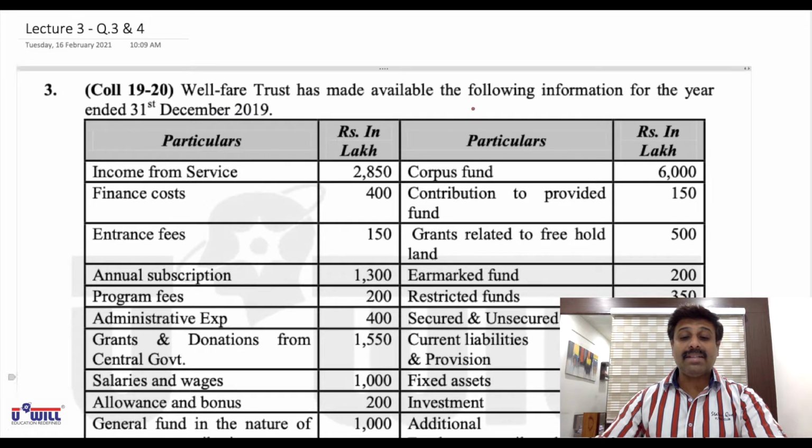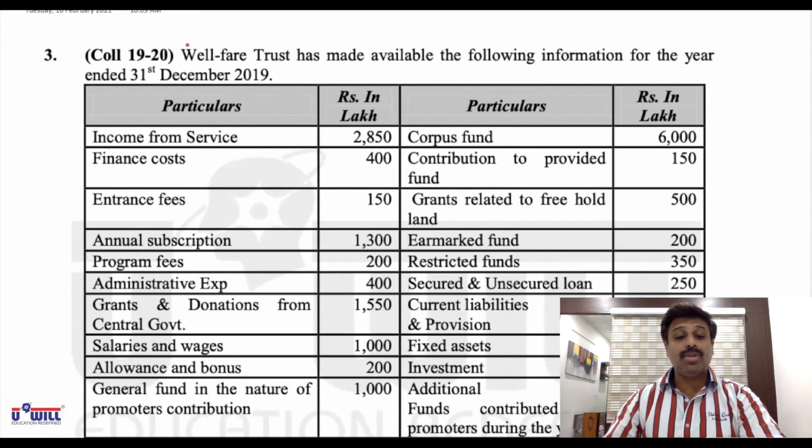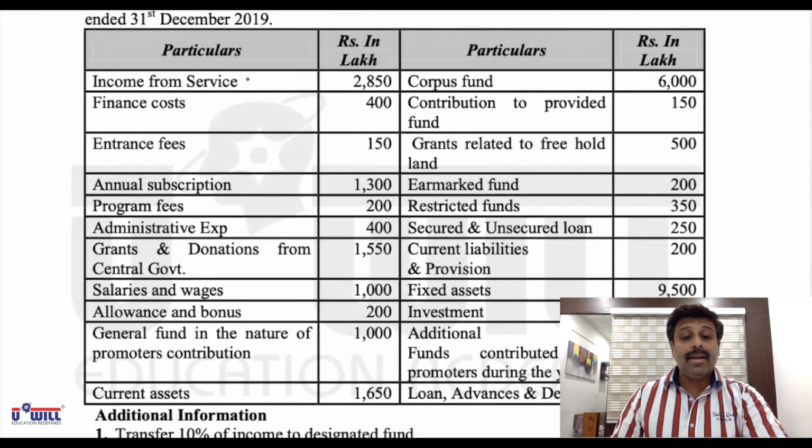Welfare Trust has made available the following information for the year ended 31st December 2019. Income from services, mark as income from operations, so IOA.